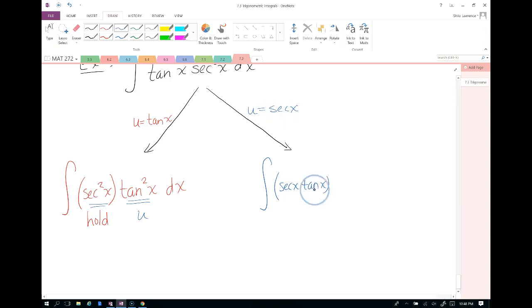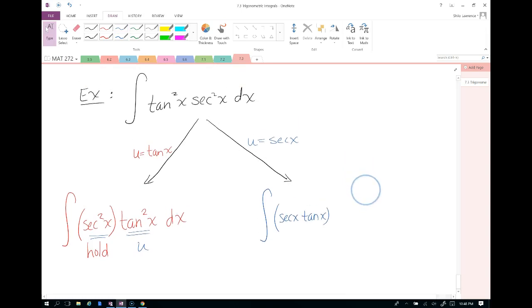So the derivative for secant is secant tan. So I would have to hold on to a secant tan. And if I did this, what I would have left over, compared to my original integral, remember my original integral was tan squared secant squared, I'm holding on to one of each of them, I would have one of each left over.